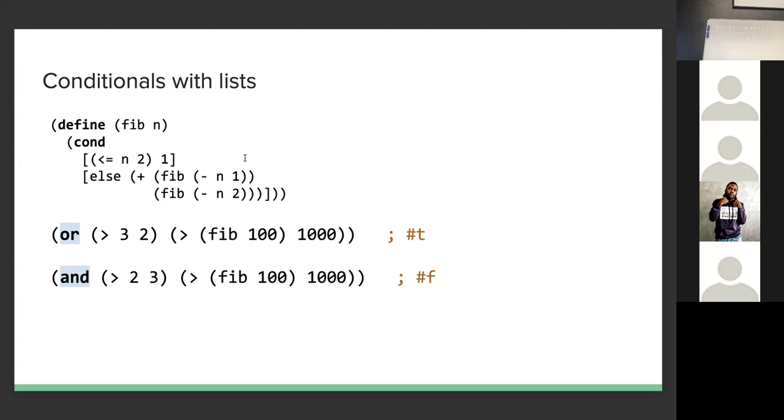Now this goes against the call by value strategy, where the arguments of a function are always evaluated before the function is applied to those arguments, right? So here's a small example of computing something very inefficiently, and you have or and and with two expressions, one of which takes quite a bit of time to compute.